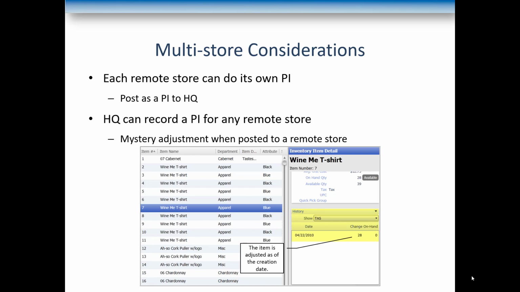However, our best practice is that anything that relates to changing quantities, whether it's quantity adjustment memos or physical inventory or receiving, be done at that location. That way, we have an actual history of that in the item record. If we were to do a physical inventory at headquarters, it would change the quantities, but there'd be no record of it. You just see that the quantities changed. And then at that point it gives us a mystery adjustment and we don't really know what happened.